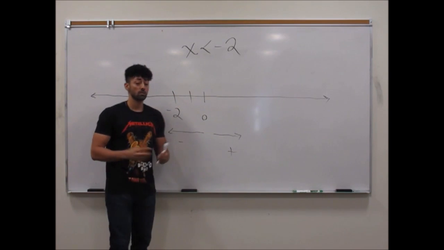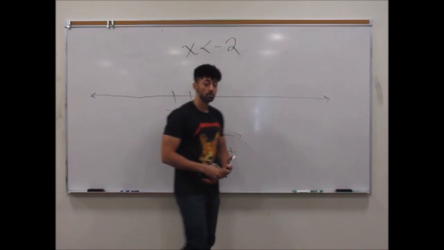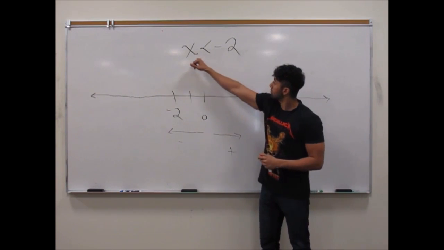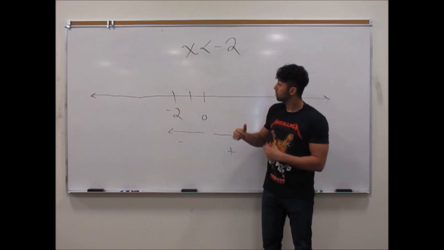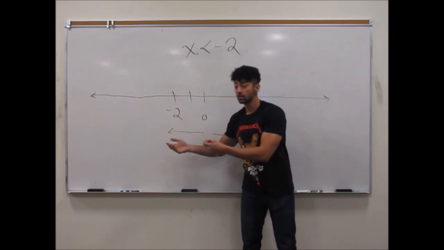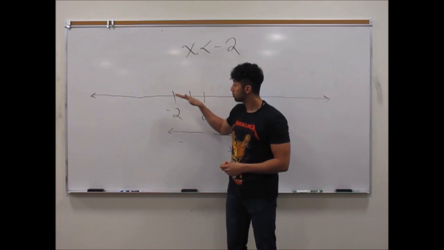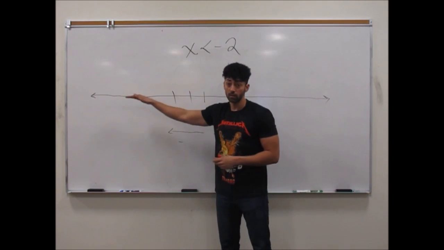In the process of showing our solution on a graph, we have to shade a certain way. This is telling me x is less than negative 2. And if I want my values to get less and less, I know I have to go to the left. So we're going to start at negative 2 and shade to the left.